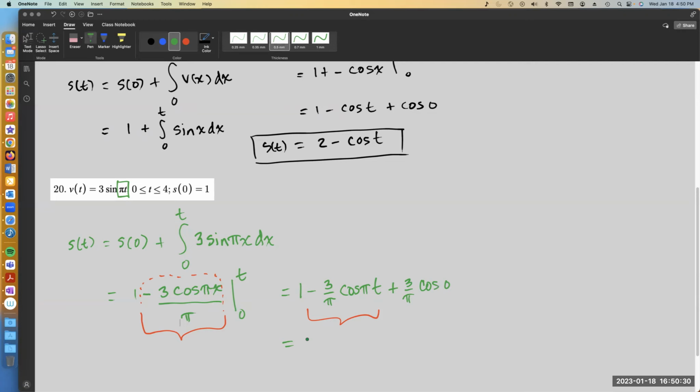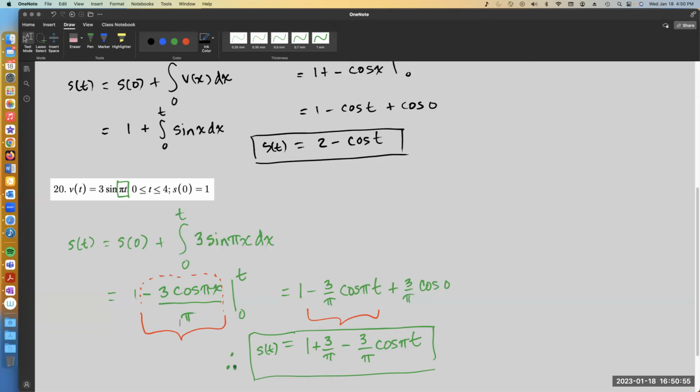And I'll just move that constant to the front just to sort of group it with the other constant. Do you have to? No, you don't have to. So there is our position function. So that will be S of t. So therefore S of t is equal to that.